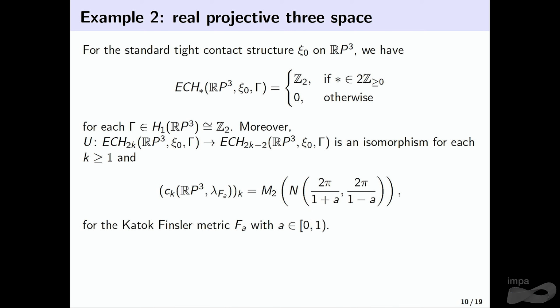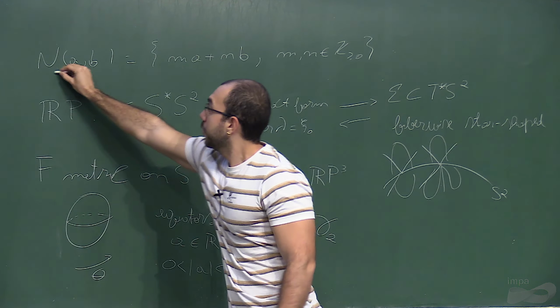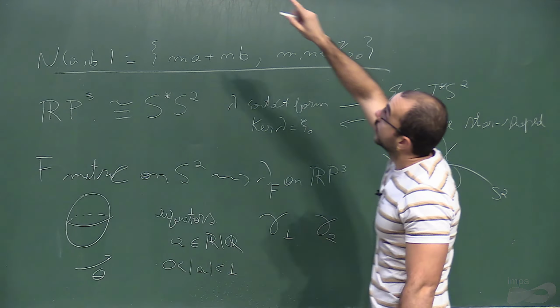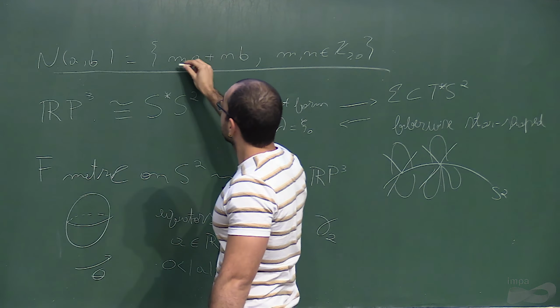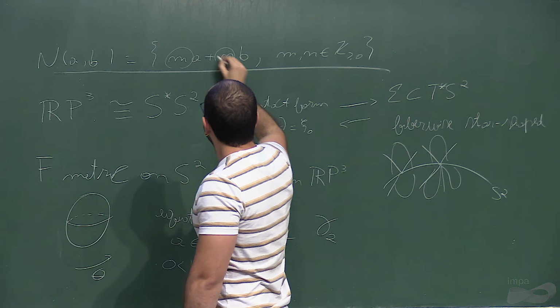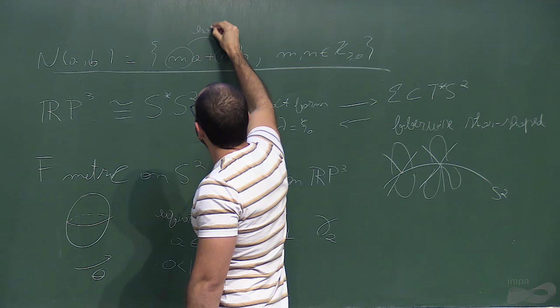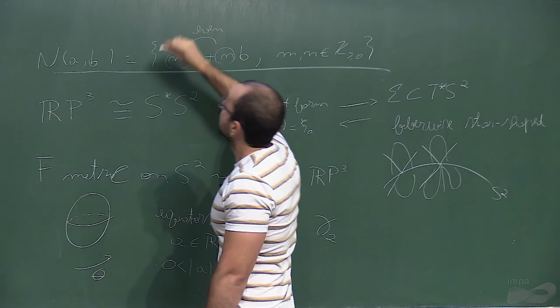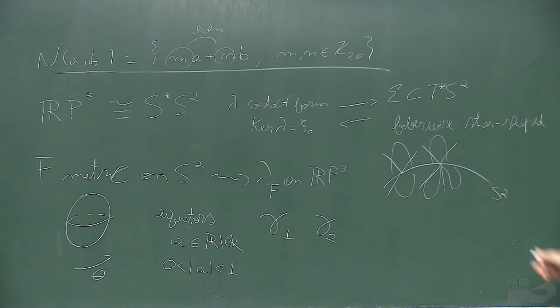And then this M2 here is, you consider this sequence, N A B, and M2 means that I consider just these weights that sum to an even number. So M2 means multiple of 2. It's a bad notation, I'm sorry about that. But yes, that is the ECH spectrum.